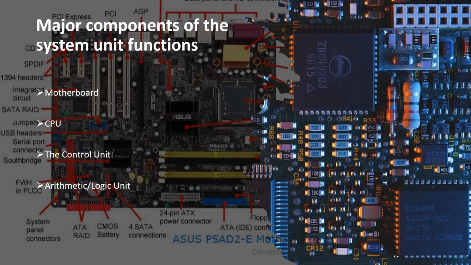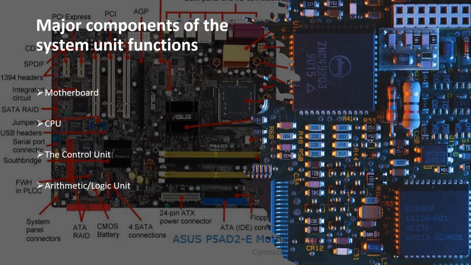Major components of a system unit function. Now, as you see, there are 2 different types of pictures in here, if you did not know this. You have the one on the left behind the words, a system unit with its label, as an old picture.